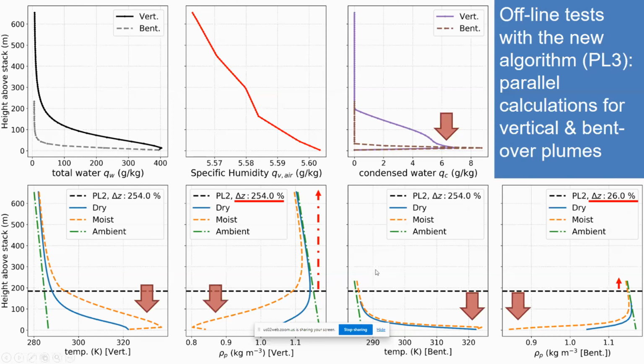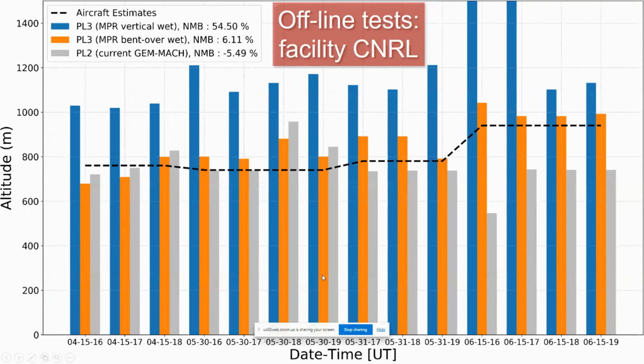And as I mentioned before, in our algorithm, we choose the lower of the two as our final answer for the estimated rise. I did these calculations using model-generated fields and compared them to aircraft observations shown here with the dark dashed line as a function of time.